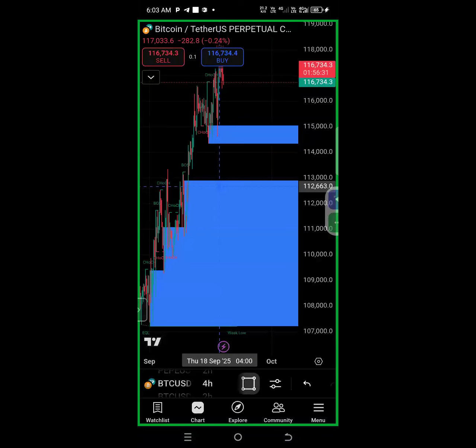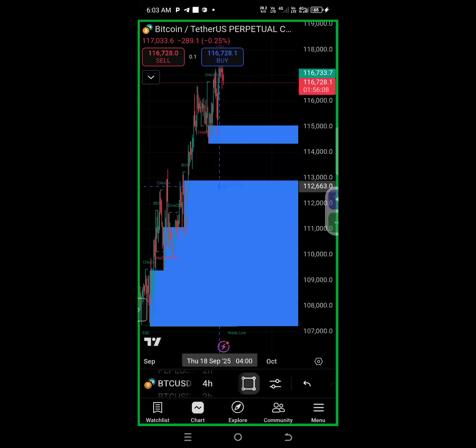So you wouldn't waste your time in the market spotting out where there was a change of character, where there was an internal order block, or where liquidity exists in the market, whether there is a weak low or a strong high. Everything has been spotted out.